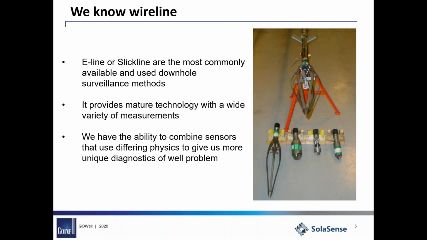So it's very mature technology, with a wide variety of measurements and a wide number of service providers that can give us a perfectly good service. The photograph there is just a small selection of the multiple spinners that are on the market, all of which have been designed for different purposes and have different sweet spots in terms of their operation.